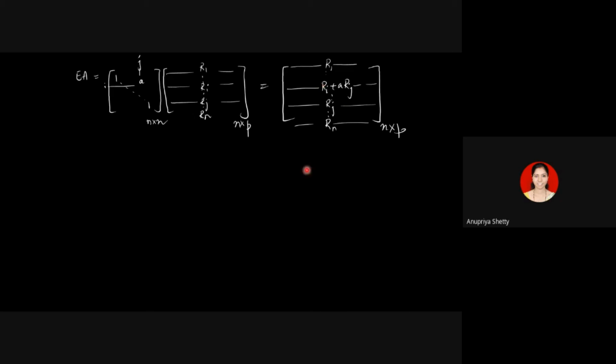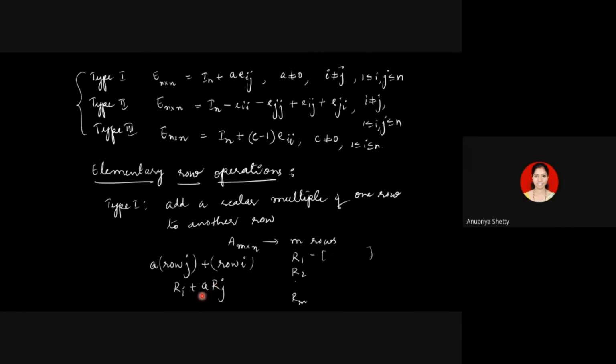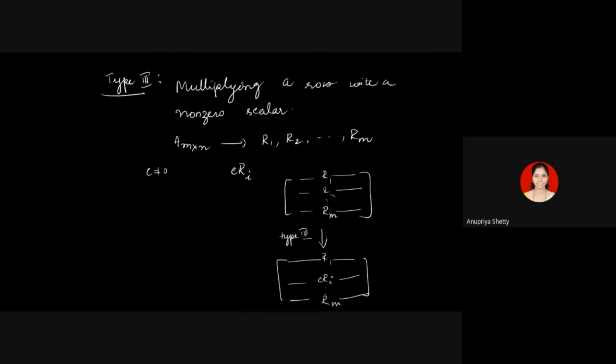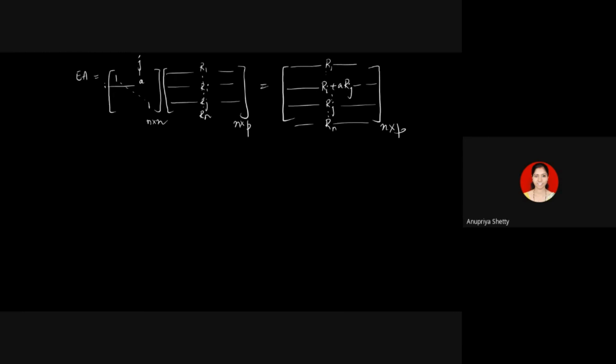So you have performed the elementary row operation of type 1, correct? Multiplying some row with a non-zero scalar and adding it to another row. So on left multiplication by the elementary matrix of type 1, whatever scalar is present in E, that scalar will be multiplied with the jth row of the matrix A, and that gets added to the ith row. Okay, that's what is going to happen.